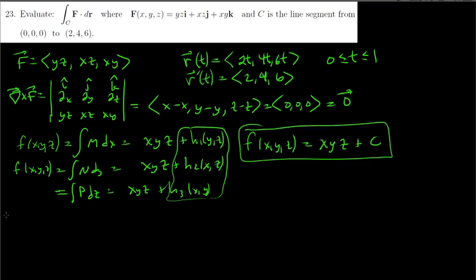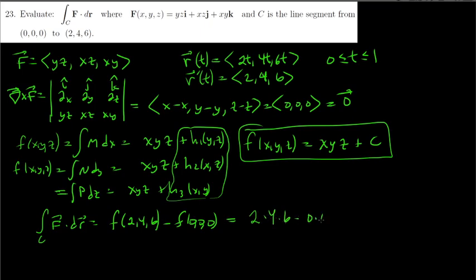To do the line integral, we can just use the fundamental theorem of line integrals and evaluate the potential function at the two endpoints. So xyz is just 2 times 4 times 6 minus 0 times 0 times 0. So you just get 48.